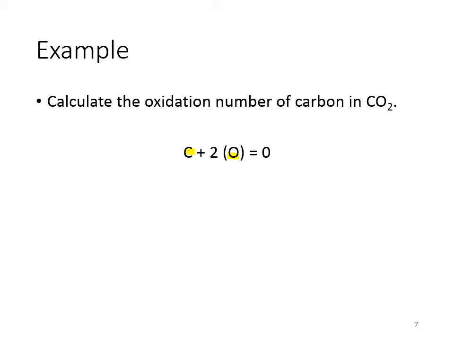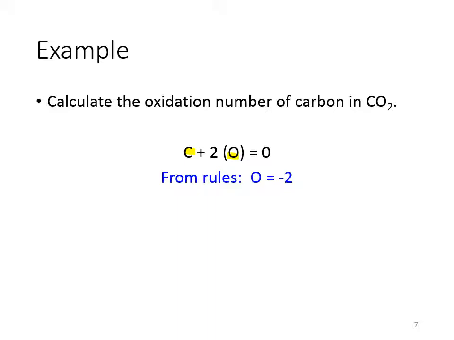So let's take a look at our rules. If you go back and look at the rules, there was a specific rule for oxygen. Based on the rules that we looked at previously, we can assume oxygen is going to have an oxidation number of -2.